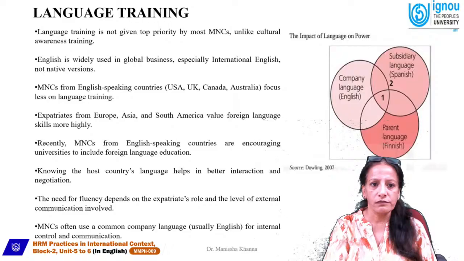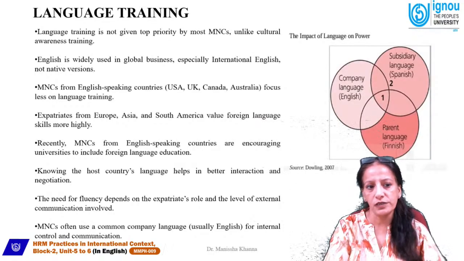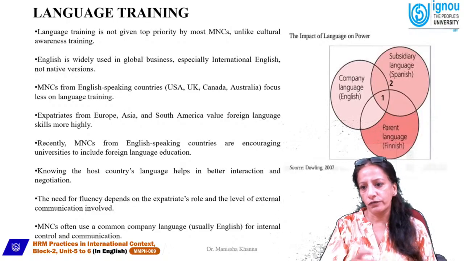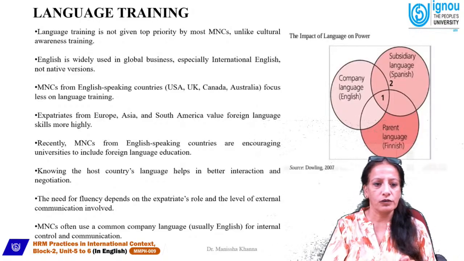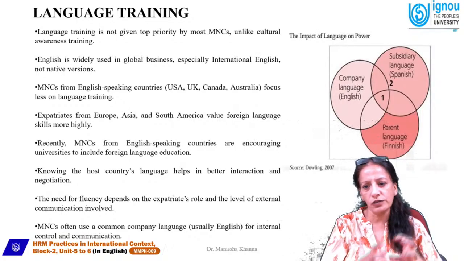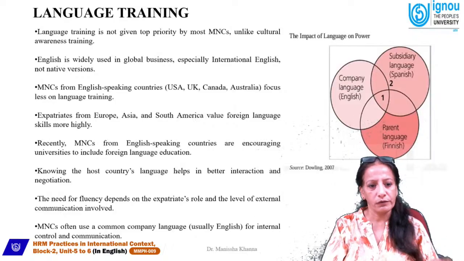Language training again is very important. I insist more on this because although English is widely used in global business, English speakers also have different variations. The US, UK, Canada and Australia focus less on language training, because whether you are moving from UK to Canada, everybody knows English.